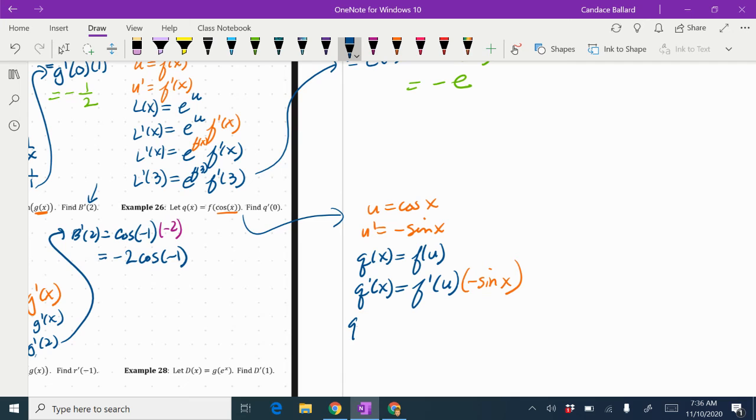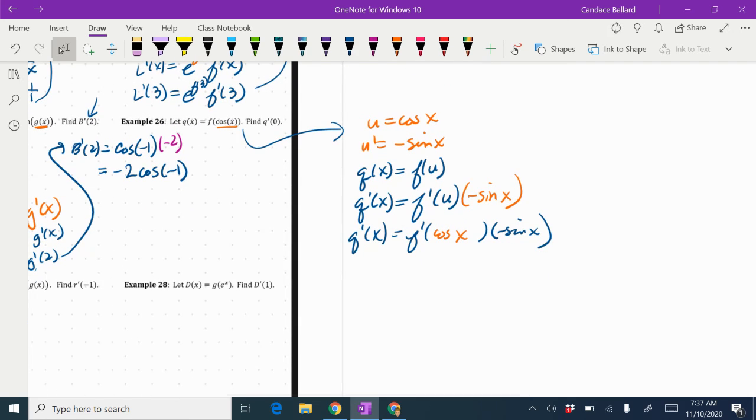I'm going to go back and replace my u with cosine x, and we're going to multiply still by that inside function's derivative. Okay, now we're going to plug in a 0. So q prime of 0 equals f prime of cosine of 0 times negative sine of 0.